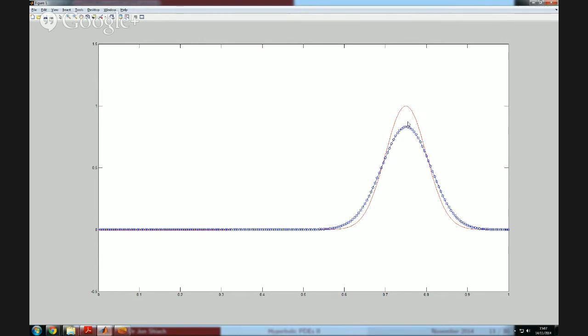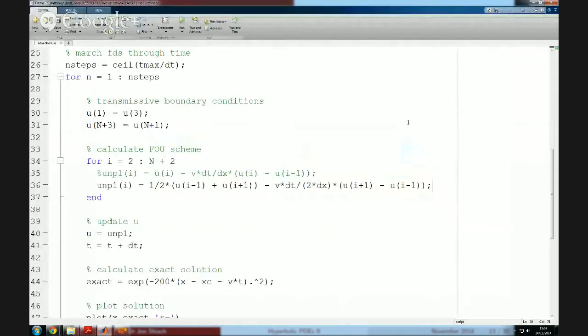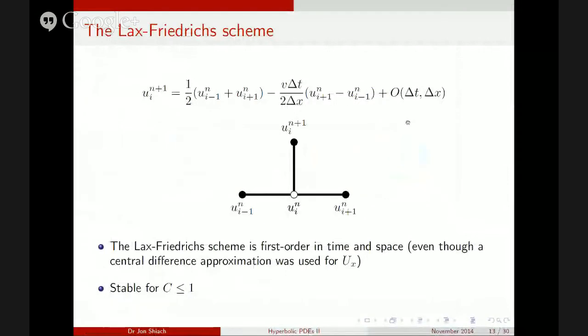It's smoothing out the Gaussian curve. If I was to run this forever, eventually it would just smooth out and be flat. So that's the Lax-Friedrich method. It attempted to do something and it just ended up making it worse. So we don't tend to use that one.